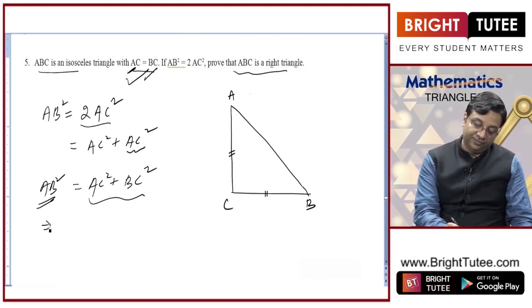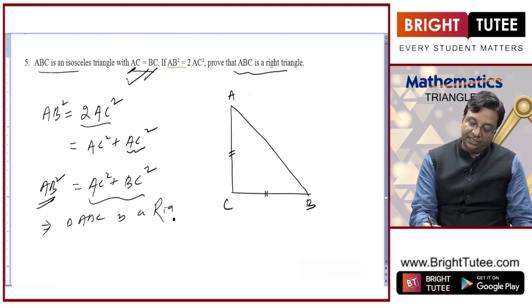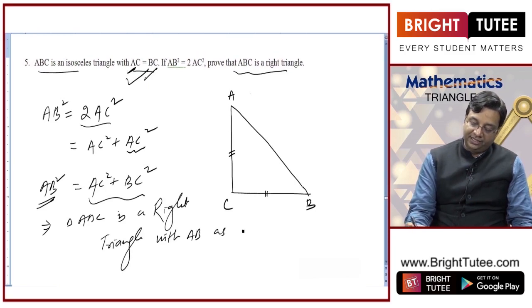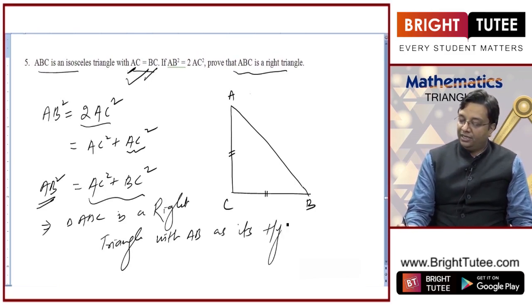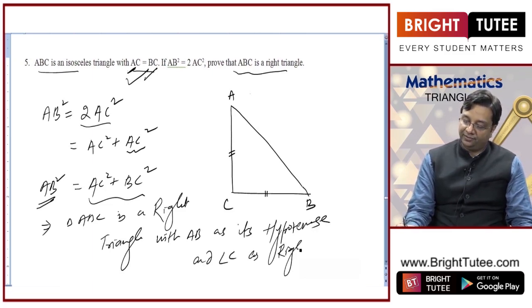That means, triangle ABC is a right triangle with AB as its hypotenuse and angle C as right angle. Okay.